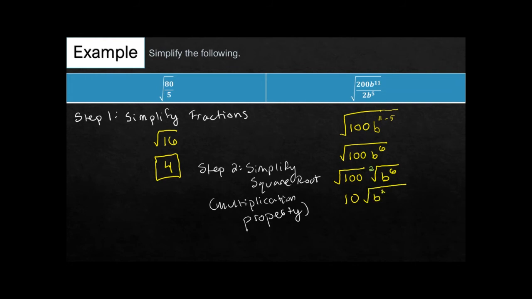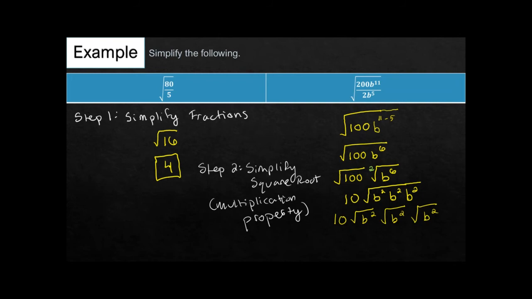So I can write this as b squared times b squared times b squared. So that gives me 2 plus 2 plus 2, that gives me 6. So I will still have 6 b's there. I've just grouped it in pairs so that I've got all of these things that are squared. So I can split this up. I can make each one separate.